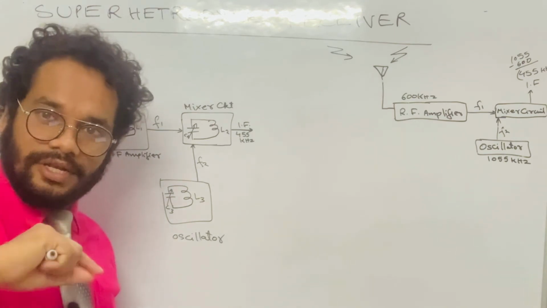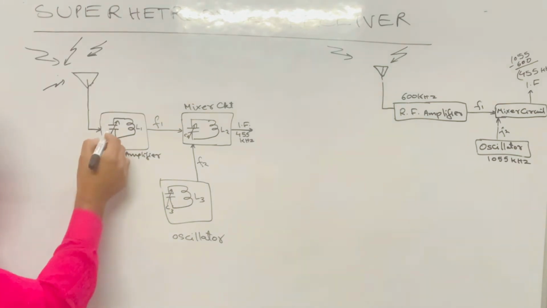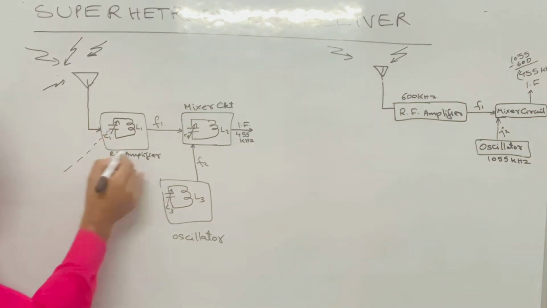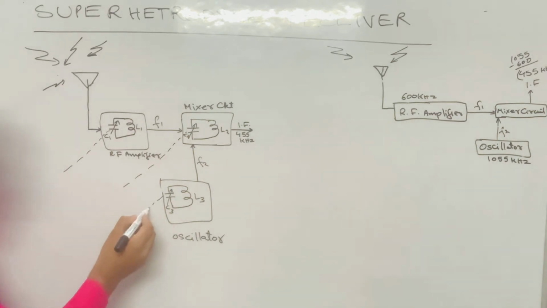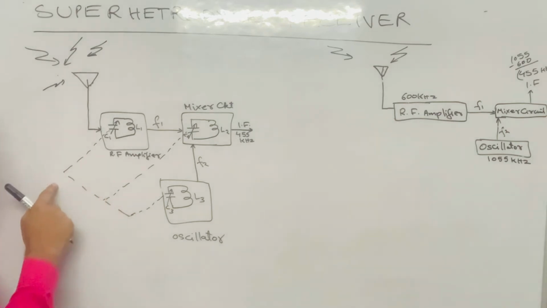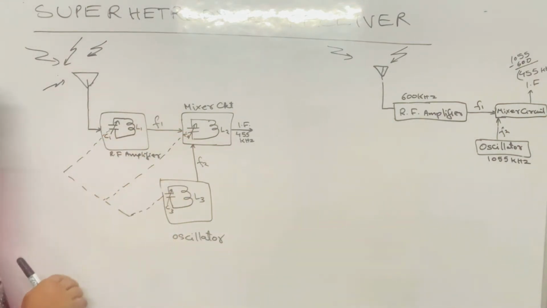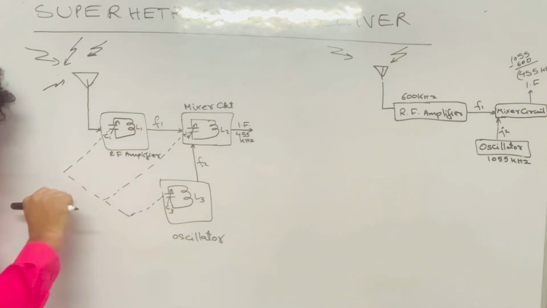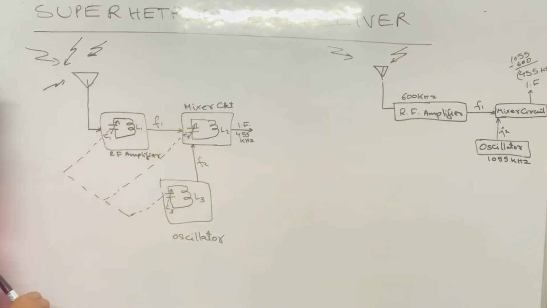If we rotate that rod, then the capacitance will vary. I'll draw a dotted line like this from the capacitors, to tell you that all three capacitors are connected together, so that if we vary the capacitance, it varies in all three circuits.